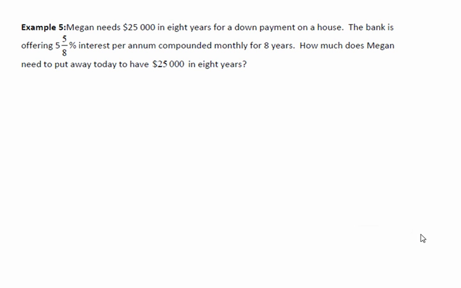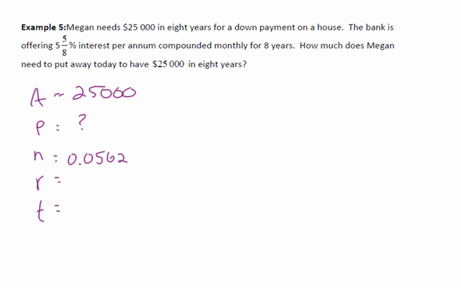So, A, P, N, R, T. Tell me what you know. A is 25,000. Okay, you don't know how much you have to invest. What else? 0.05625. Is that right? Yeah.